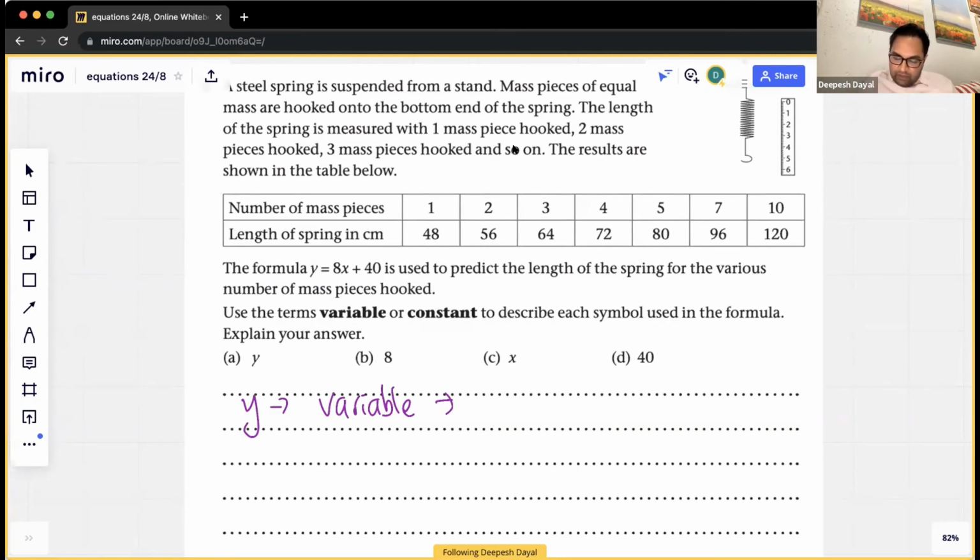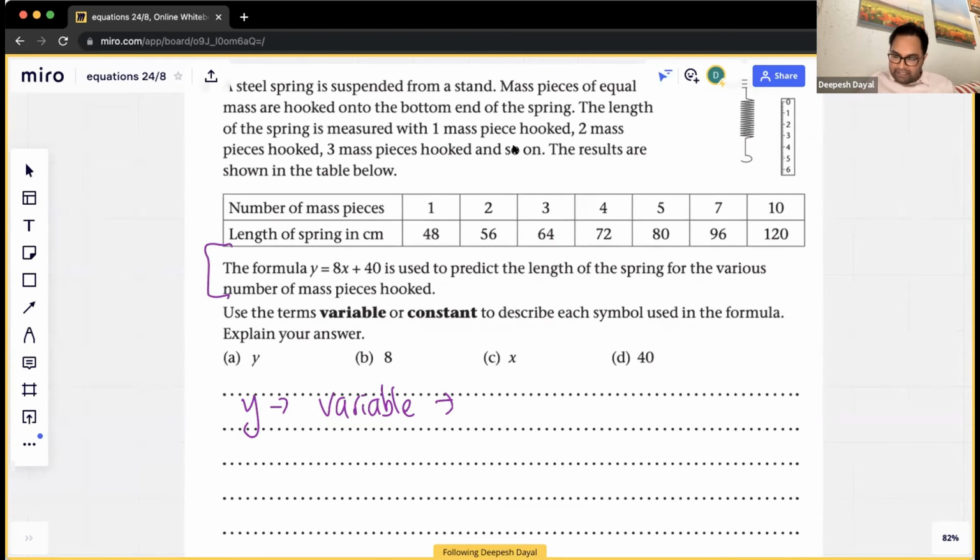So let's read this line here. Trevor, what does it say? The line says the formula y equals 8x plus 40 is used to predict the length of the spring for the various number of mass pieces hooked. Isn't that the answer then?